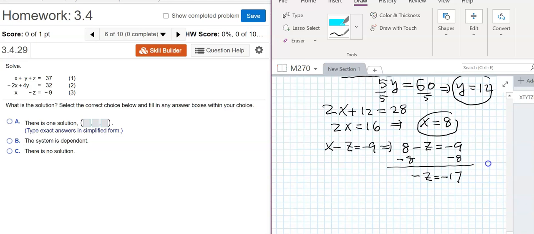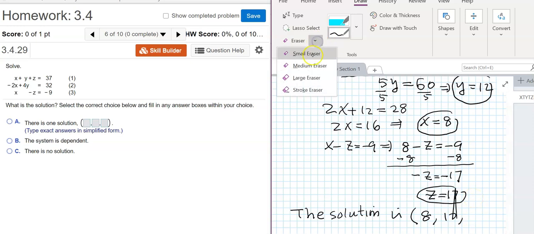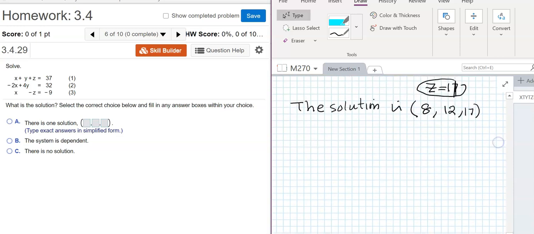That makes z equal 17. So the solution is 8 comma 12 comma 17.